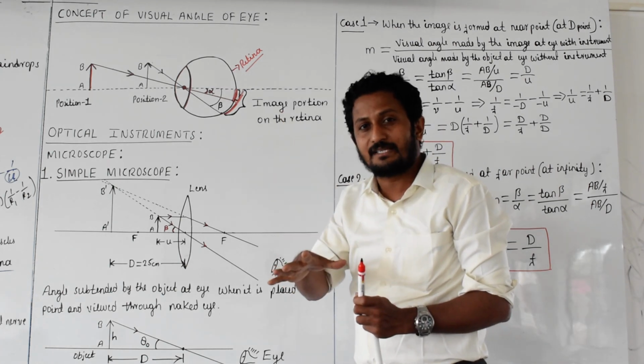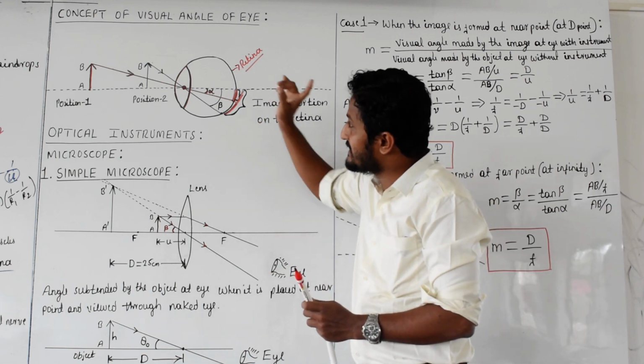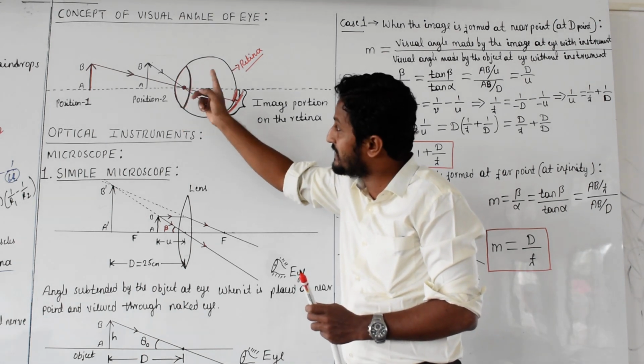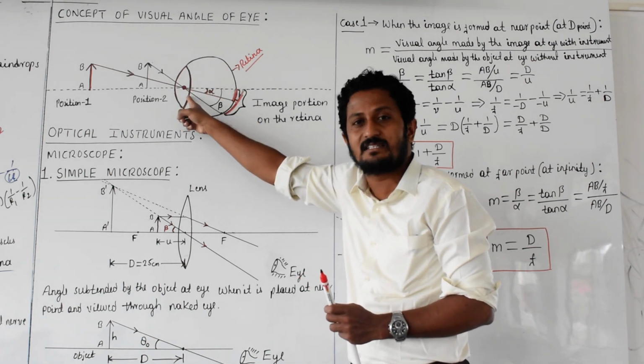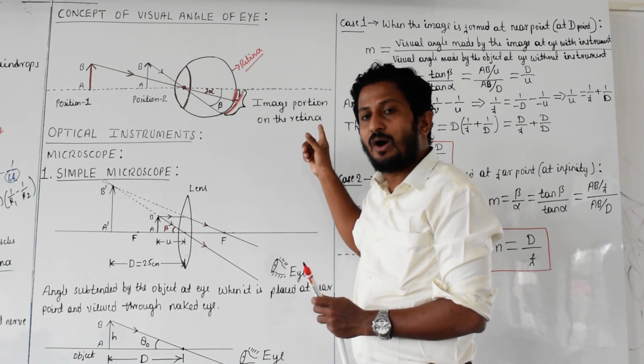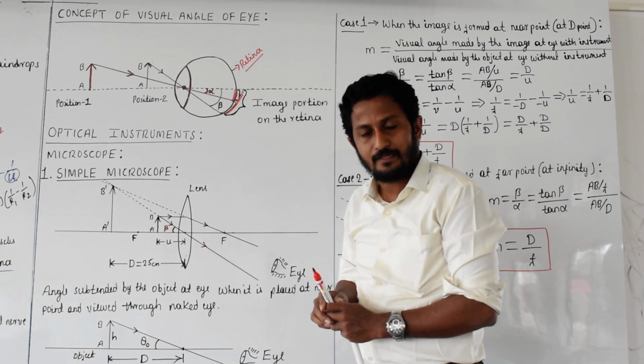Visual angle means it is the angle subtended at the eye lens by the image portion on the retina. Means what?